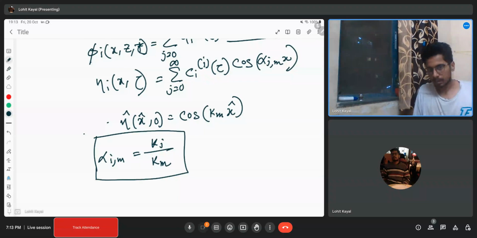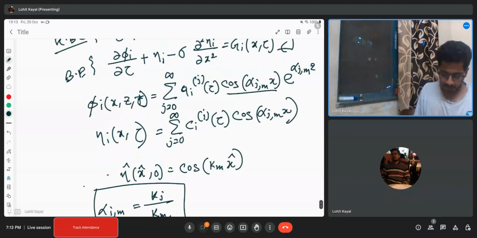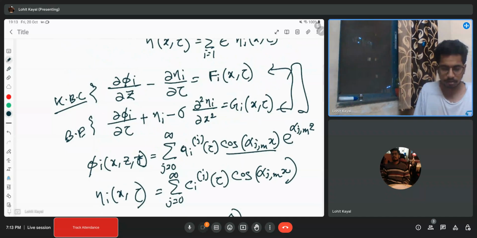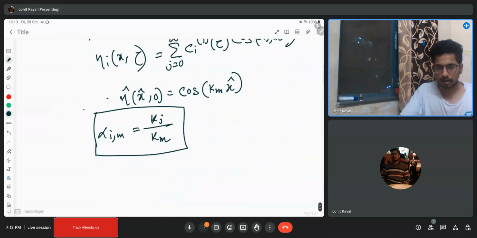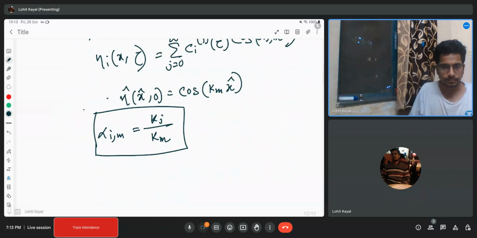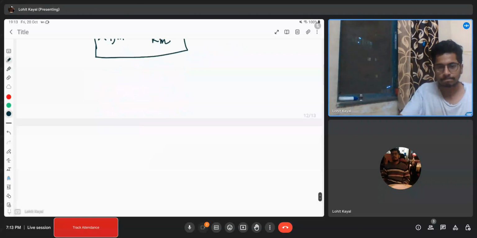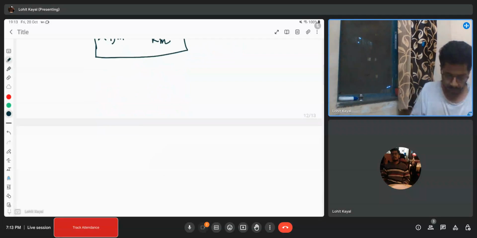Okay. So now I will substitute our expression into these two equations, and we will finally get these two equations.